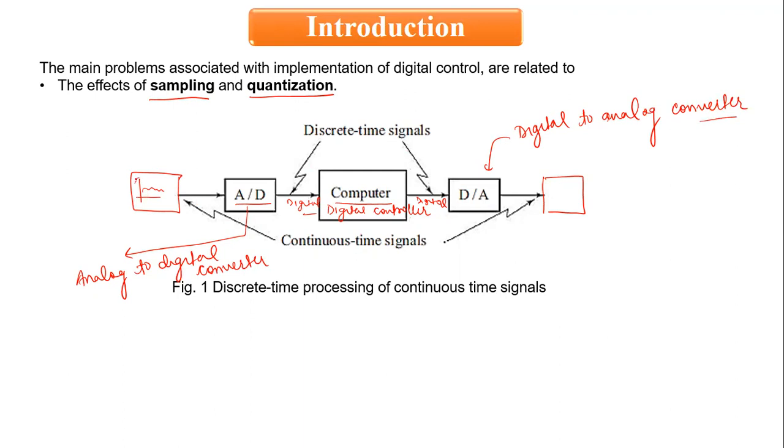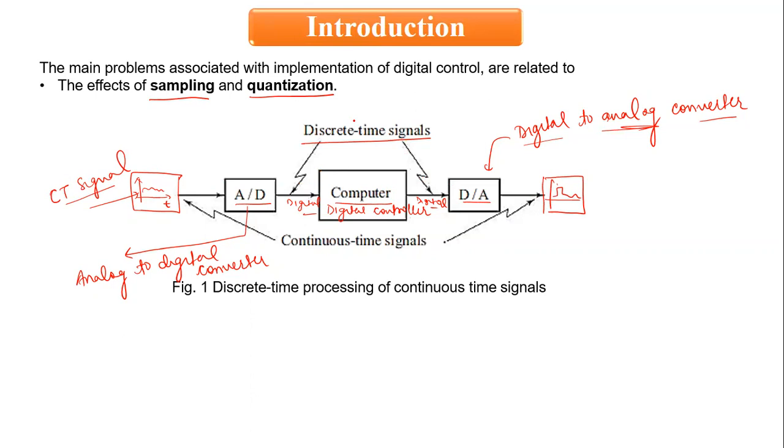The analog signal, or we can say the continuous time signal, is converted to a discrete time signal by the A to D converter, and the computer will process this signal and give us some discrete output or digital output, which is converted back to an analog signal through the D to A converter, that is, the digital to analog converter.